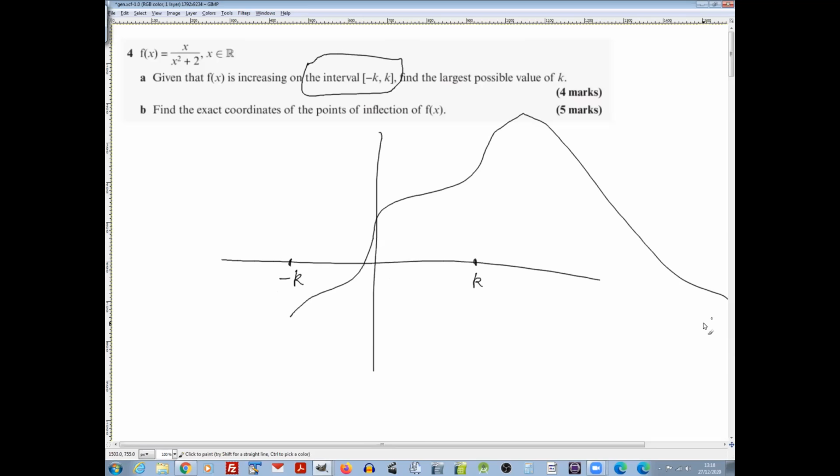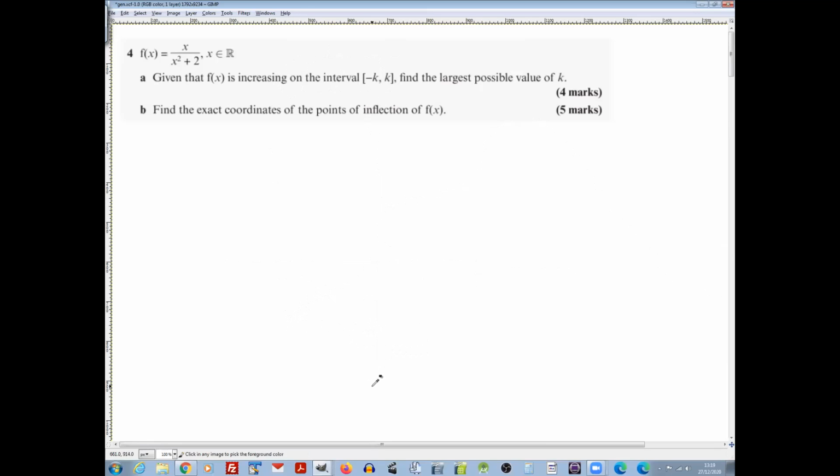But what they're saying is between this x value and this x value, the gradient is therefore positive. And that's key, really, isn't it? By interpreting the information in that way, we know what algebra to do.